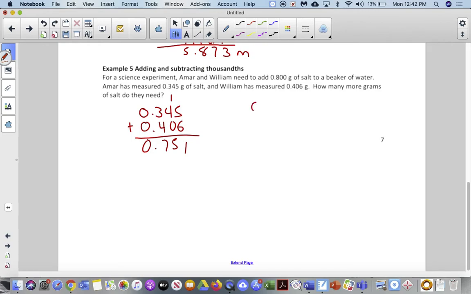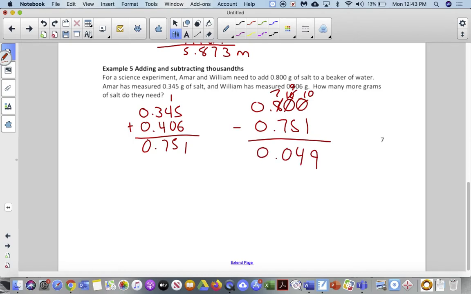So I needed 0.800, and I already have 0.751. So if I subtract, I get 7, 10, 9, 10. And if I subtract, I get 9. 9 take away 5 is 4. I get 0.049 grams of salt. That is how much more I need.